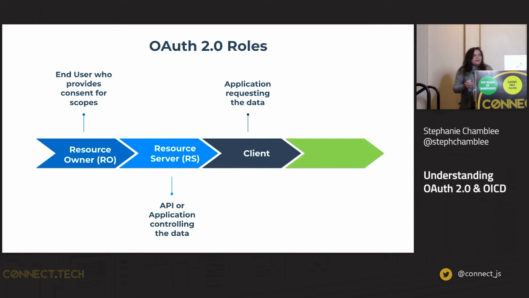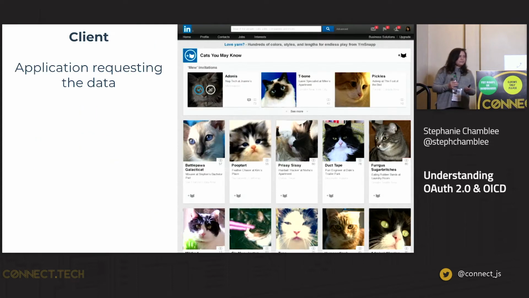The third role is the client. And just to clarify, client here isn't referring to client side. It's simply the application that is requesting authorization. So a client is an application making protected resource requests on behalf of the resource owner, or the end user, and with its authorization.